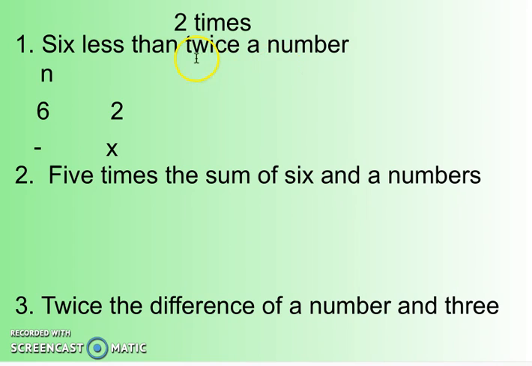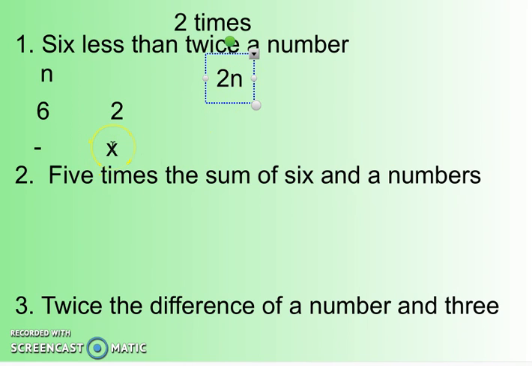How could I write twice a number as an algebraic expression? Just like our last problem in the last video, where we also had an expression with times in it, remember I said you can put the 2 next to the variable, and that represents 2 times n, or 2 times our secret number. Okay, so that's the first one.